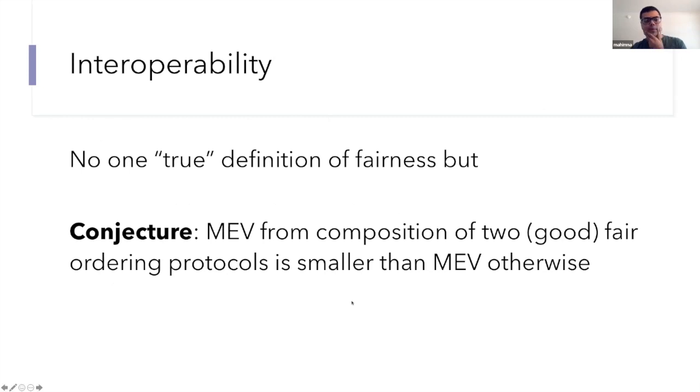One thing I'll talk about, because Phil talked about interoperability in his talk, and that there's no one true definition of fairness. But here's the conjecture I'll make: MEV from the composition of two good or fair protocols will be smaller than the MEV from the composition otherwise.